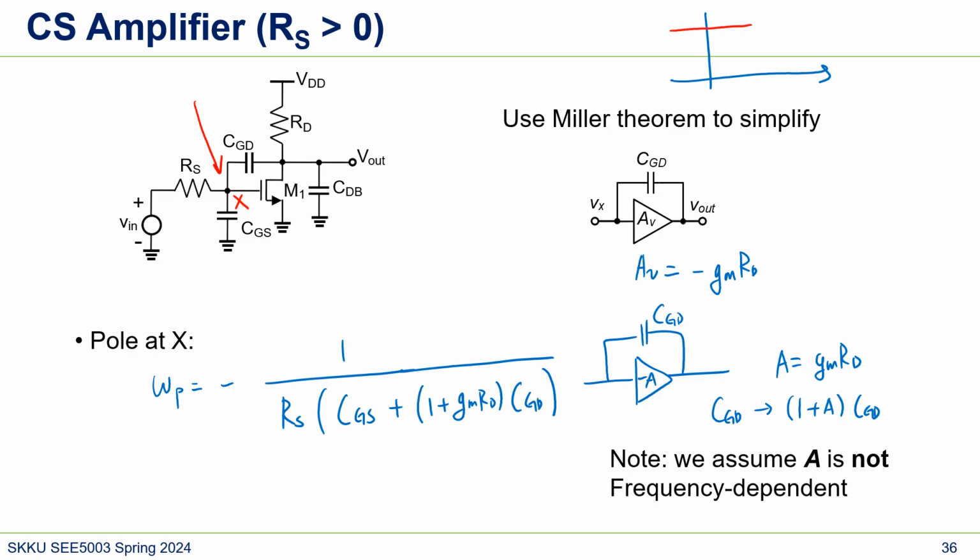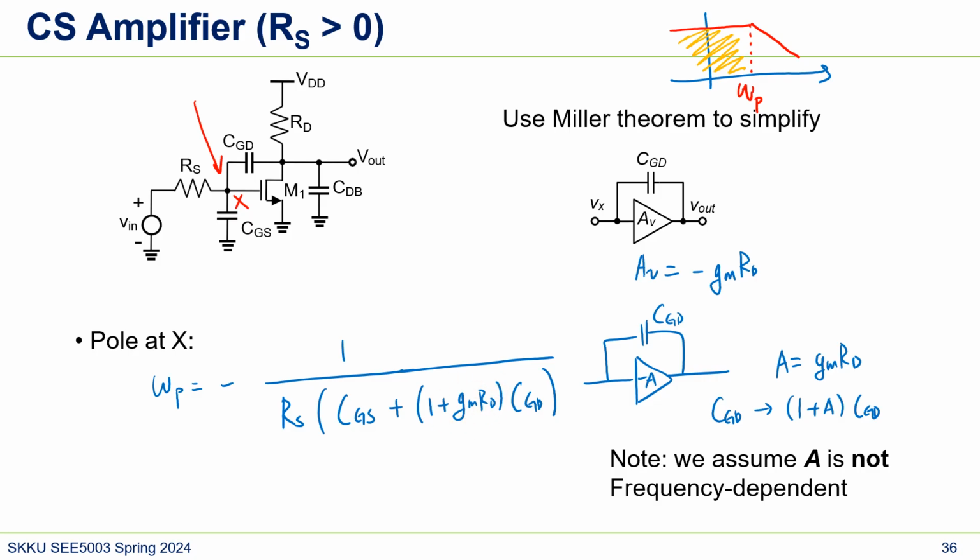At the first pole, it will go down, but what we are looking at is this area. So the gain is before the pole. We're just considering before the pole, so we can still use this GM RD.